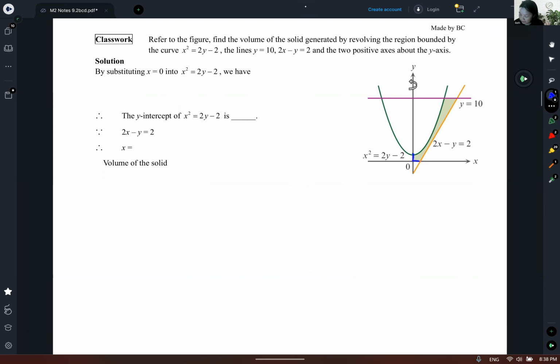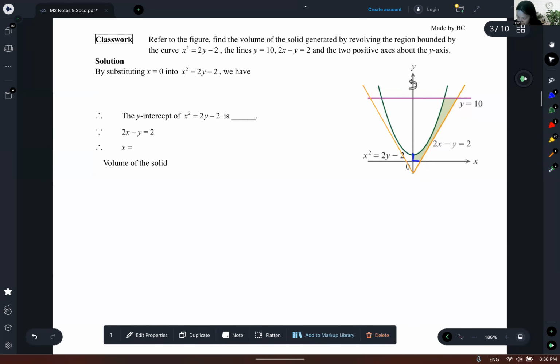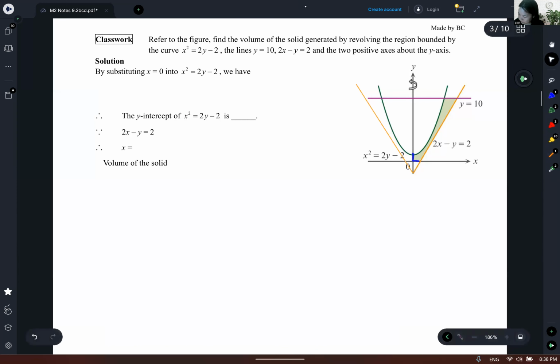Okay, and then let's try to draw this figure. Okay, that's good. And then let me shade.